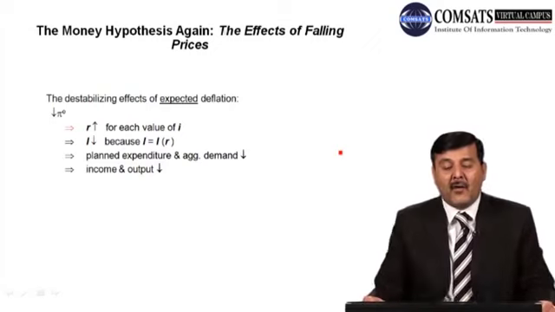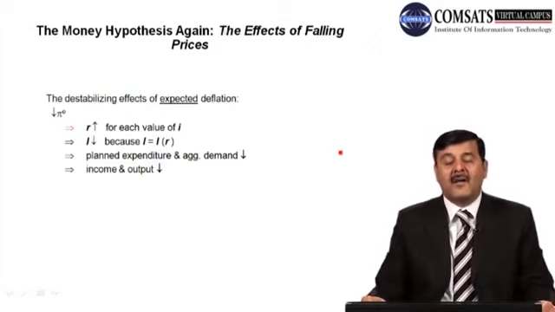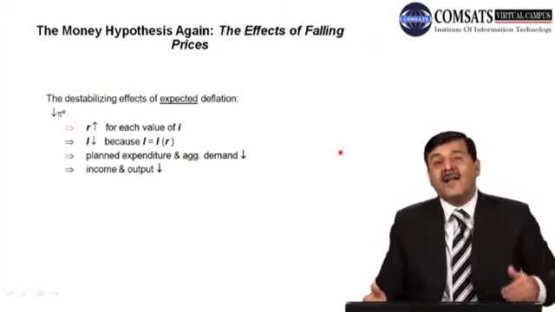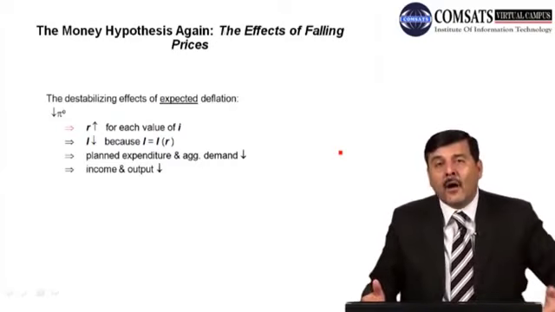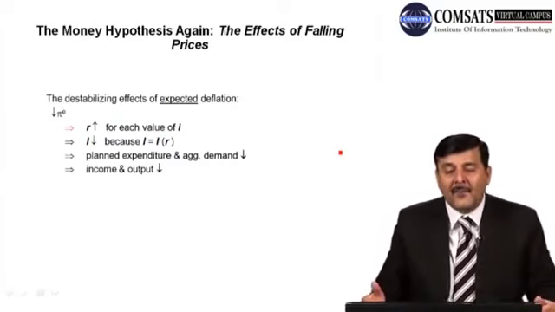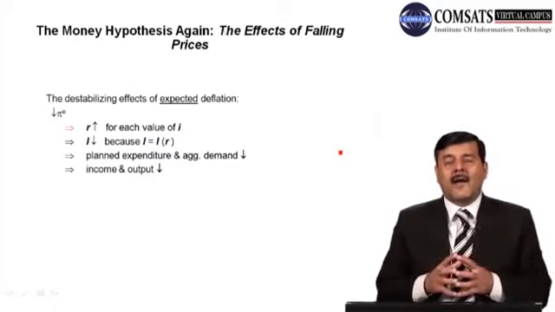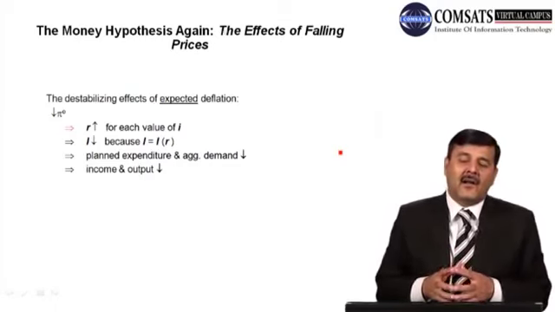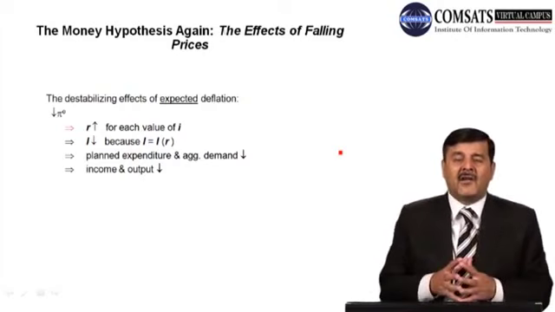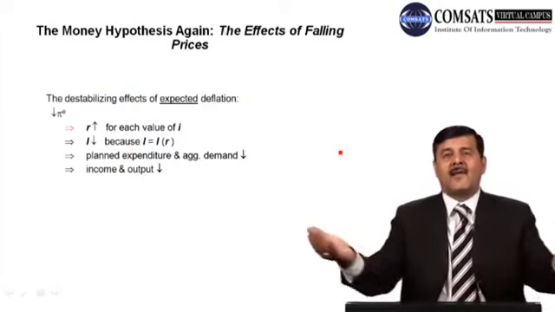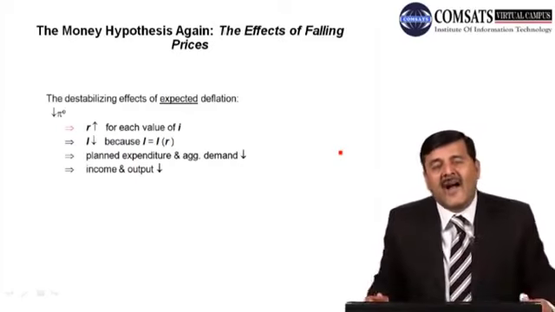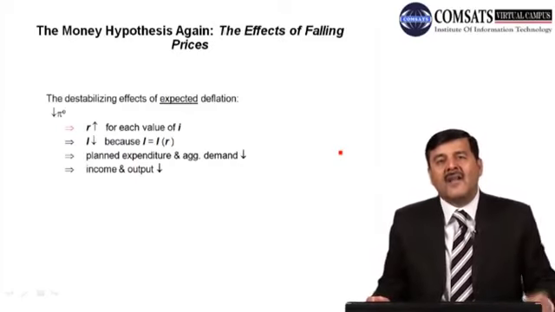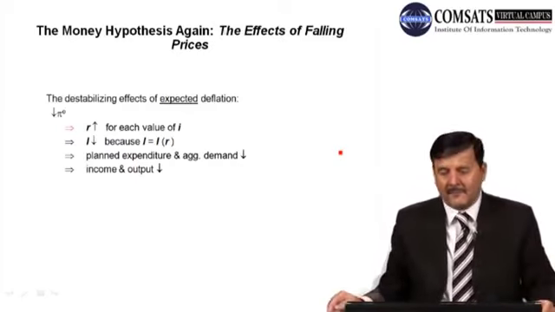When investment falls, planned expenditure and aggregate demand fall, and that results in a fall in output and a fall in income. So we saw that whether there is unexpected deflation or expected deflation, in both cases the outcome is a fall in output and a fall in income in the economy.